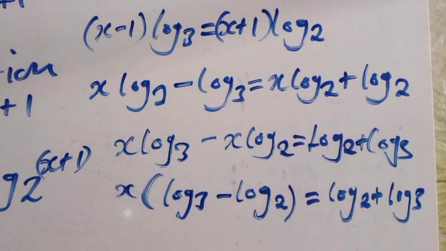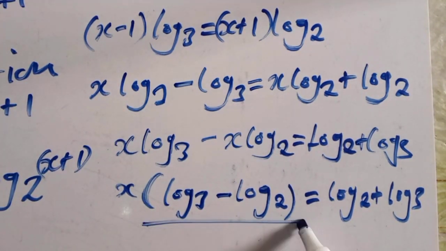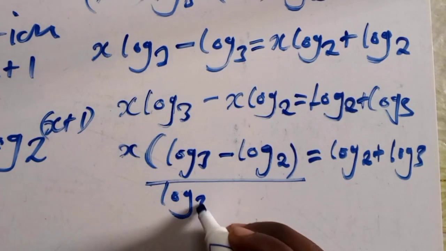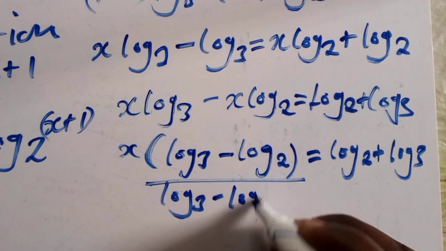So now this is where you divide, because we are looking for x, we are solving for x. You divide throughout with the log 3 minus log 2.